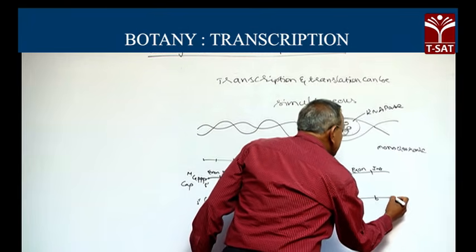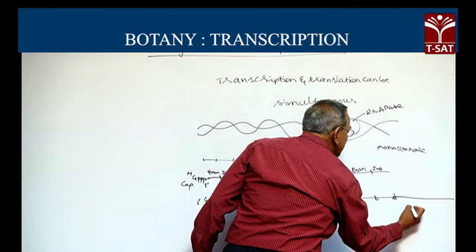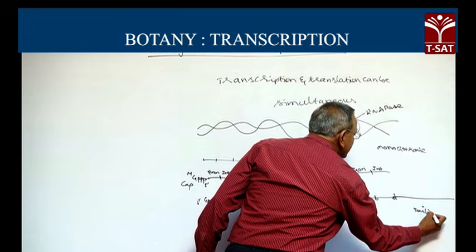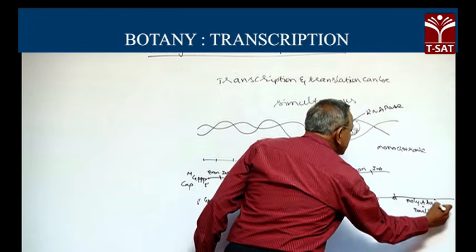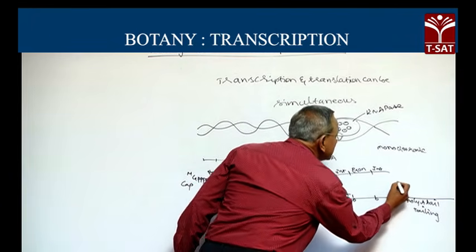And at this step a poly A tailing is done. A poly A tail is attached at 3 end.